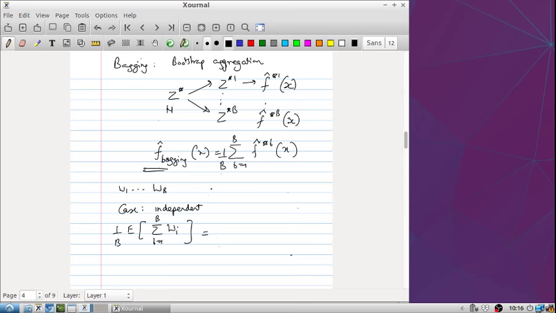So let's say they're distributed according to PW, where the expectation of W is equal to something. Actually, let me just use mu. So this is mu.